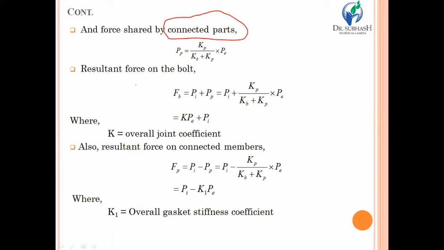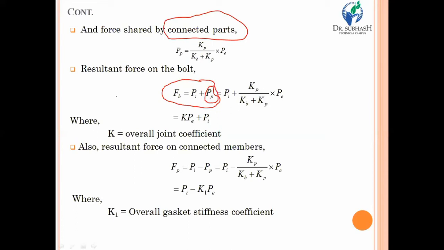Now, once you have calculated both forces, shared by the bolt and the connected members, the total or resultant force on the bolt becomes F_P equals the initial force P_i plus the force shared by the bolt. So P_i remains P_i, but put the value of P_B from the previous slide here and solve it.